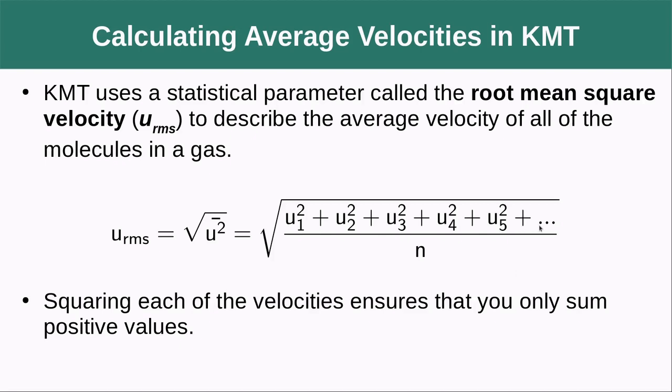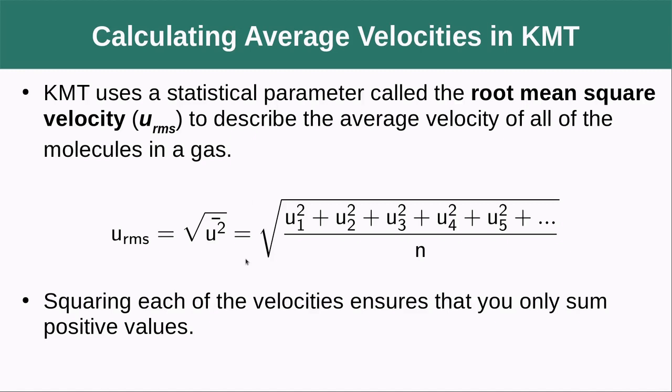This should seem a little familiar to you. This is very similar to the standard deviation equation that we've used before, and is not very dissimilar from the Pythagorean theorem or the distance equation for multiple dimensions.